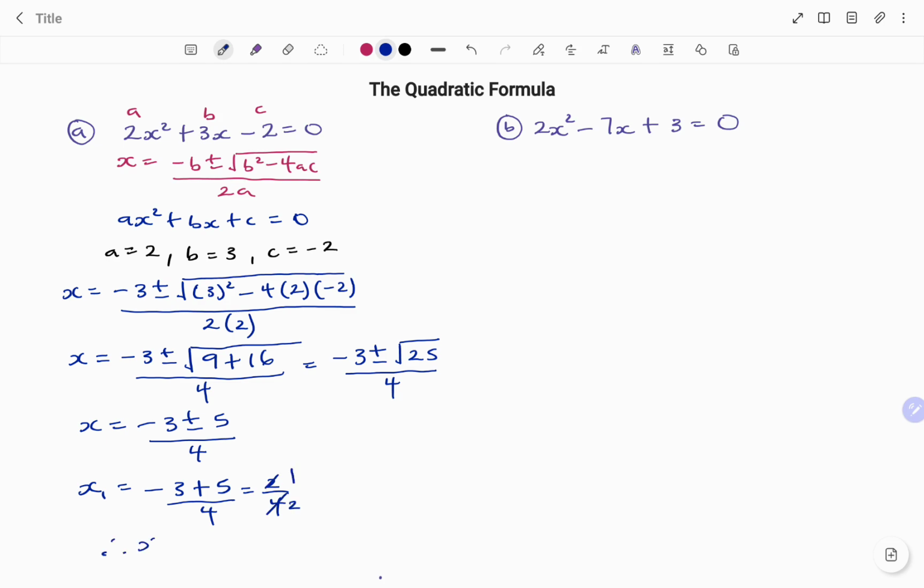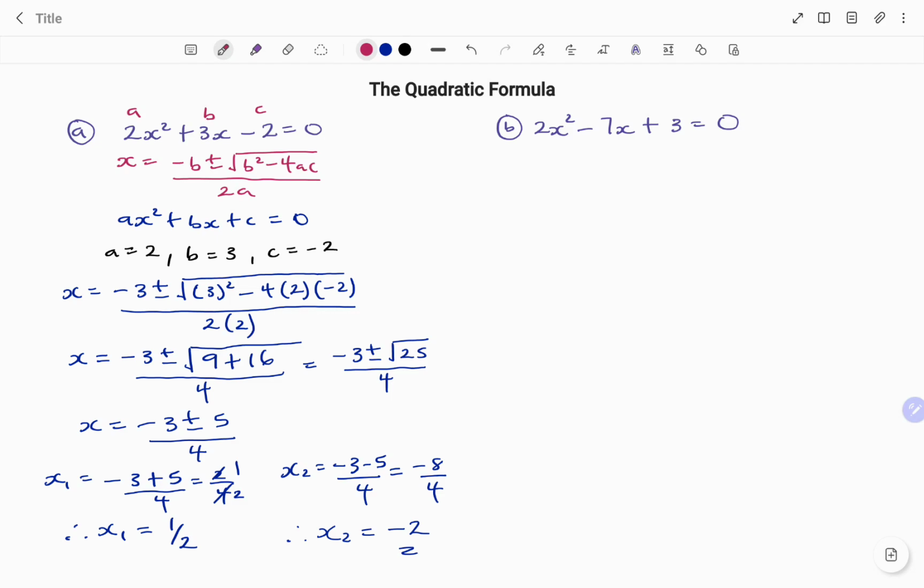So therefore my x1 is going to be a half, or 1 over 2. x2 on the other side, using the negative sign now, I have minus 3 minus 5 divided by 4. That will be negative 8 over 4. Therefore, the value of my x2 is minus 8 over 4, that's negative 2.